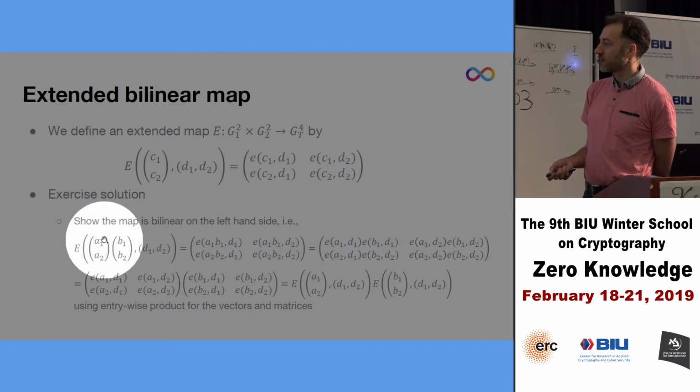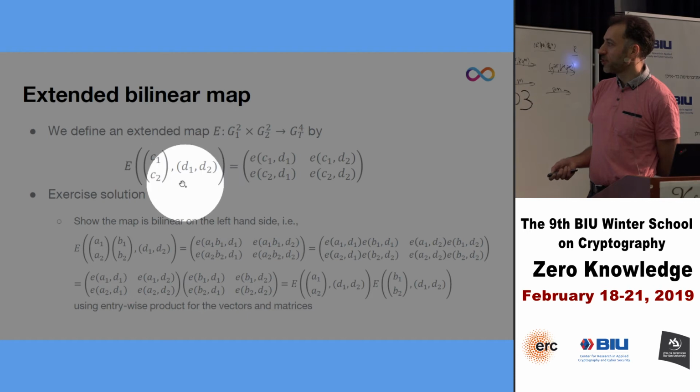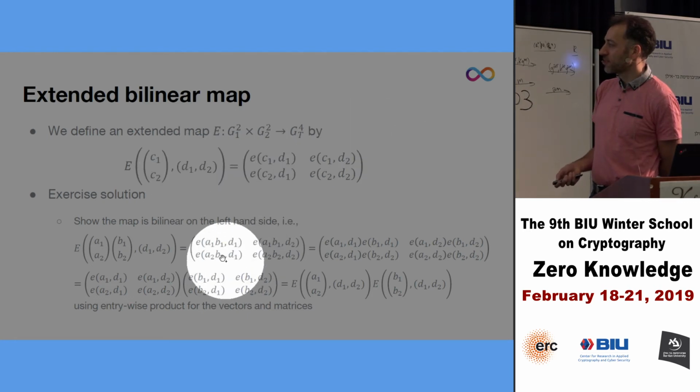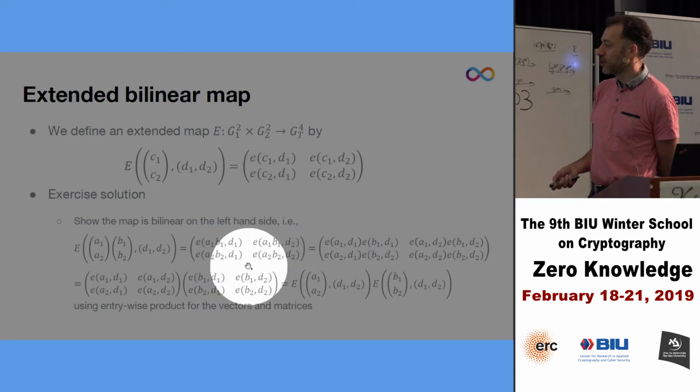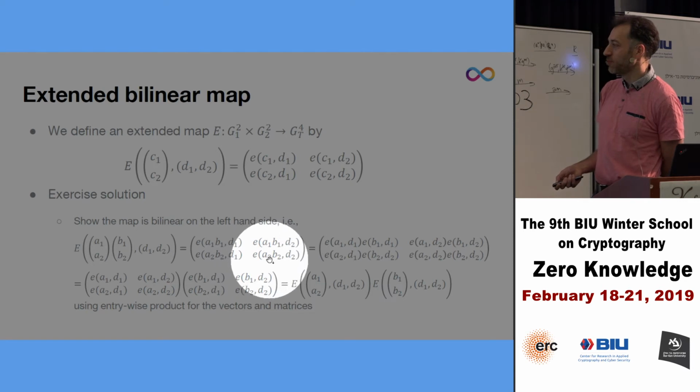So that's the same as a vector with A1 times B1 and A2 times B2. By definition of the bilinear map, that's the same as the pairing of A1 B1 with D1, the pairing of A2 B2 with D1, the pairing of A1 B1 with D2, and the pairing of A2 B2 with D2.